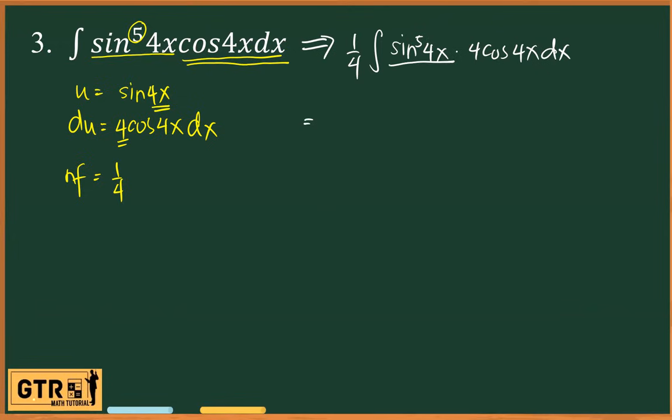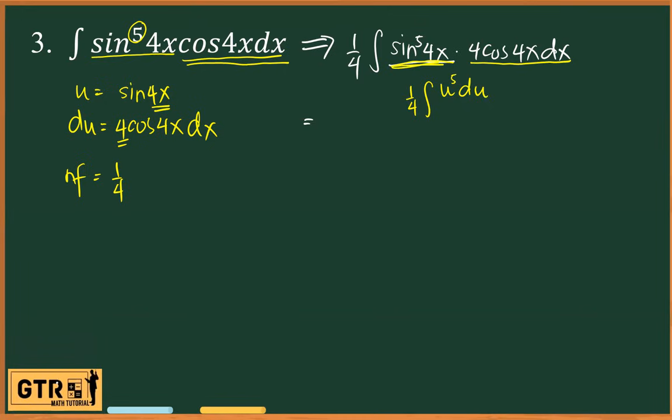Now it is in the form u to the fifth du, where u is sine 4x. So we have 1/4 integral of u to the fifth du. But let's go direct.